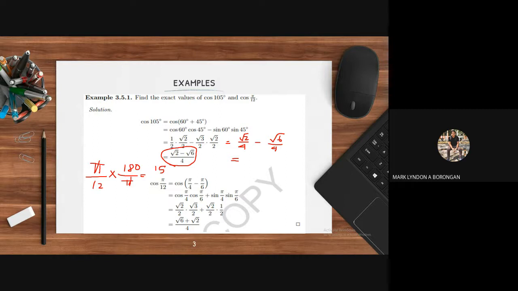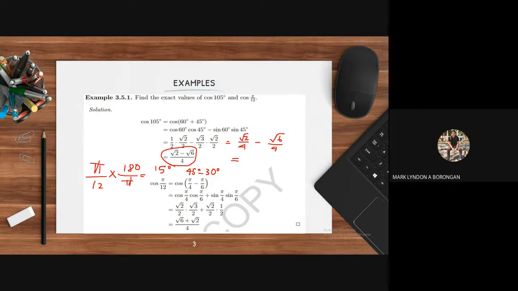This 15 degrees, we can get it as 45 degrees minus 30 degrees. The angles here are pi over 4 and pi over 6. Pi over 4 is 45 degrees, and pi over 6 is 30 degrees.